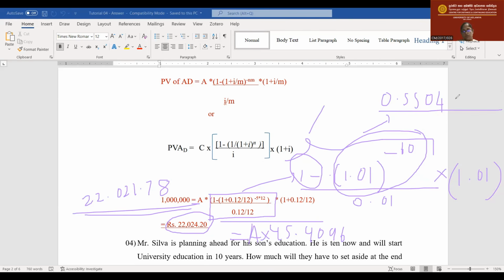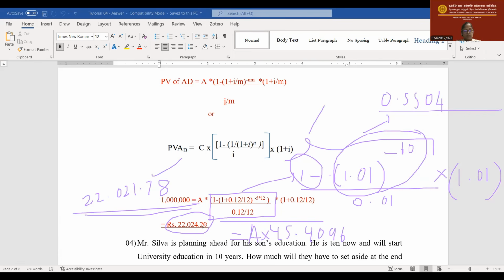But if you are taking only 4 digits or 3 digits, the answer would be quite different, because of the digits issue. So if you take this answer, that's also fine. If you are using all of the digits for the calculation, then your answer would definitely be like this.